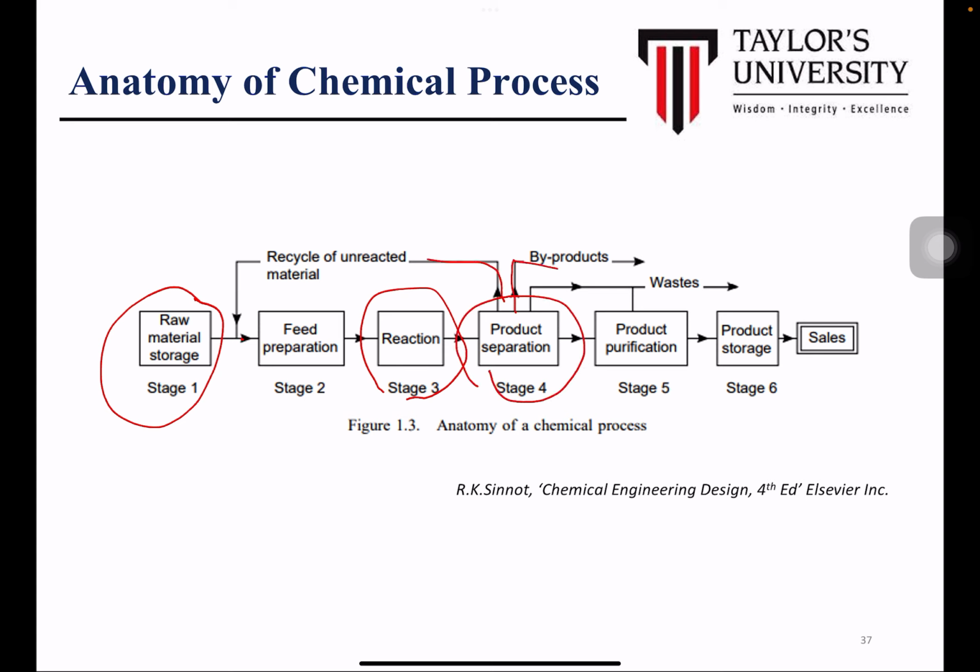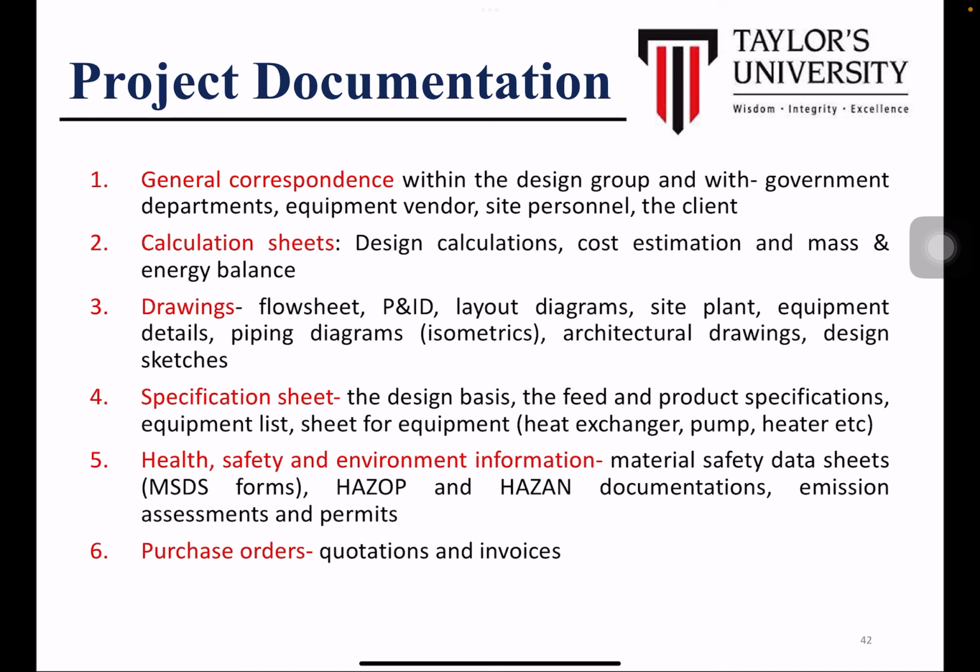You have some byproducts that are set off. Others, if any waste, you can send for waste treatment. Then the main product or important products will go for further purification, then product storage and sales. So these are the various stages that come under your chemical process.